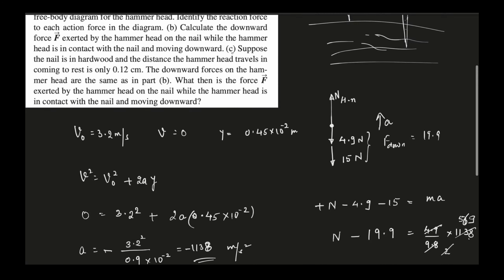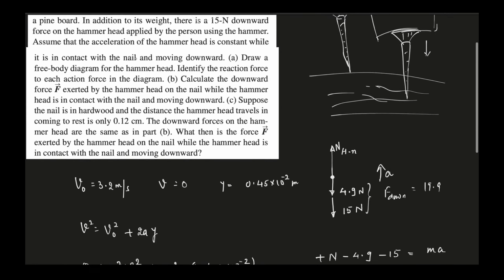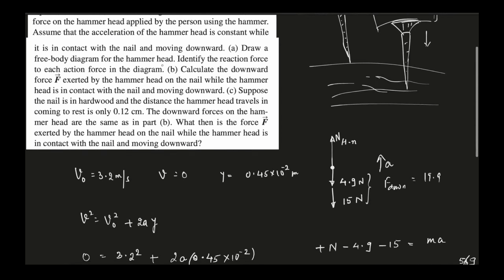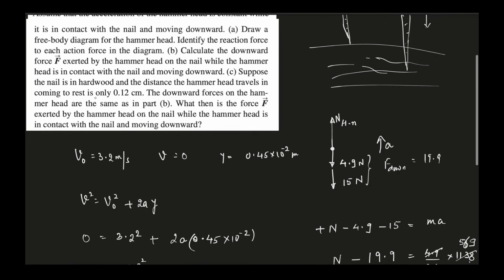Now, suppose the nail is in hard wood and the distance the hammerhead travels in coming to rest is only 0.12 centimeter instead of 0.45 centimeter. The downward forces on the hammerhead are the same as in part B. So downward force is 19.9 Newton.